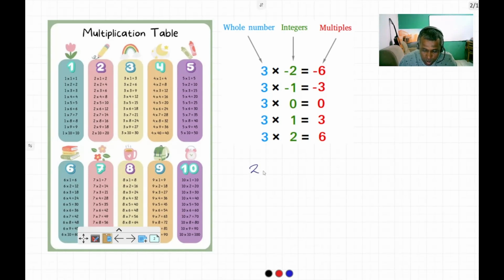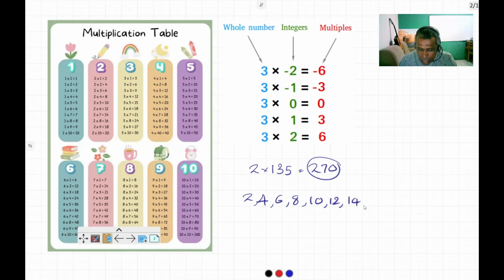You can take 2 times 135, it's getting 270. 270 is a multiple.